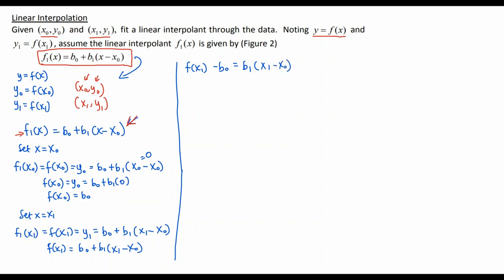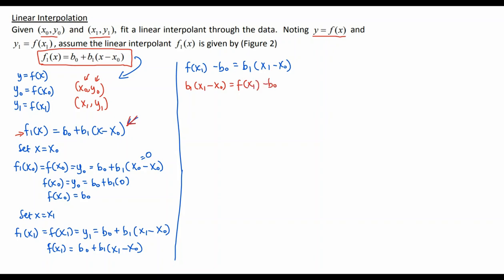Let me take this to the left hand side. So we are going to have b1 multiplying x1 minus x naught in bracket to be equal to f of x1 minus b naught.